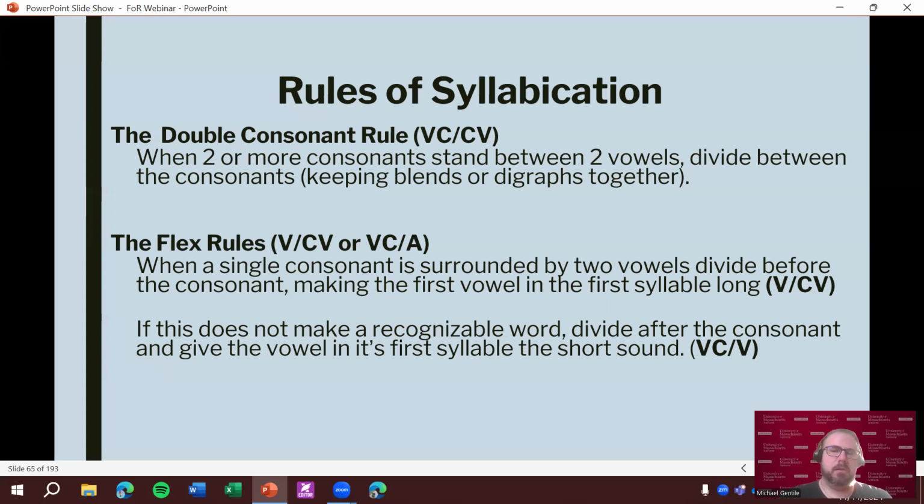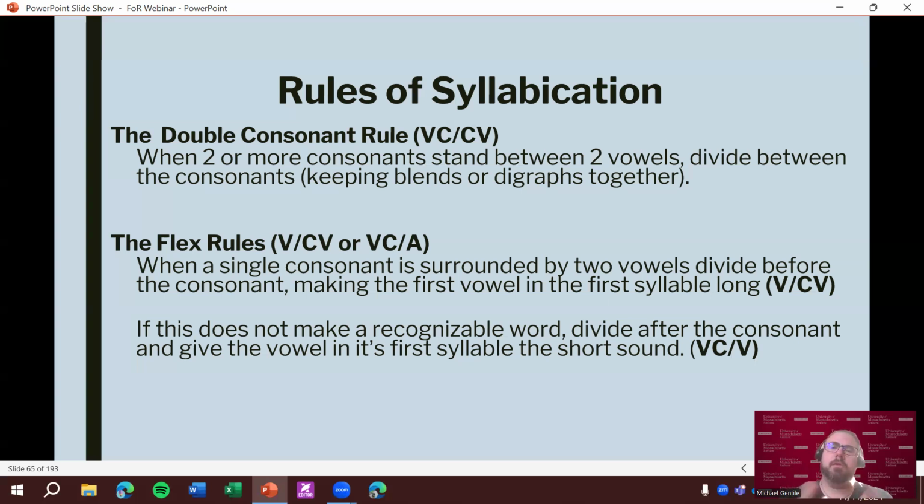So in a word, for instance, like open, right? O-P-E-N, open, we have a P stuck between the O and the E. Well, where do we give the P in the syllable? Do we say ope, N? That doesn't make sense because O is saying its long name. The P is going to go with the E because E is saying a short sound.